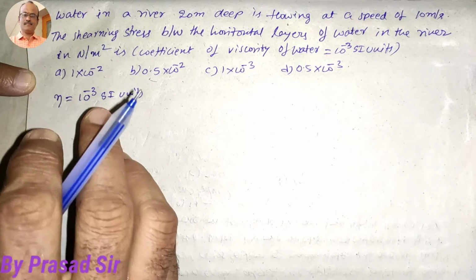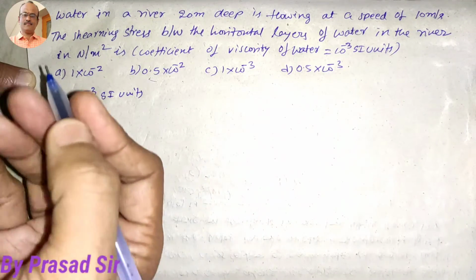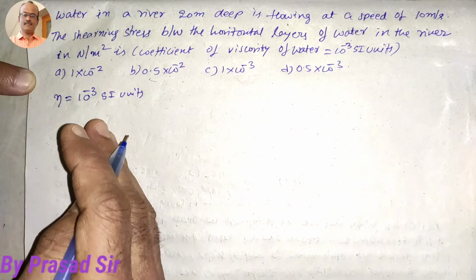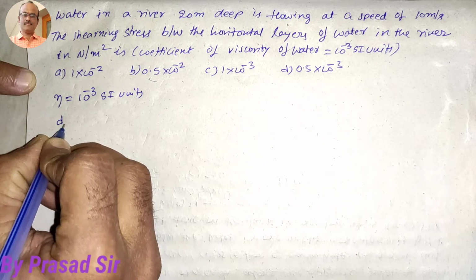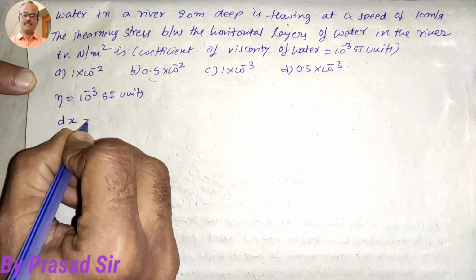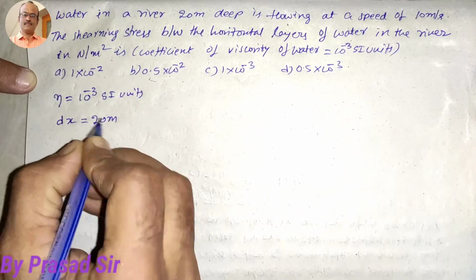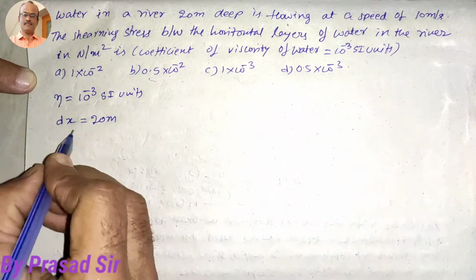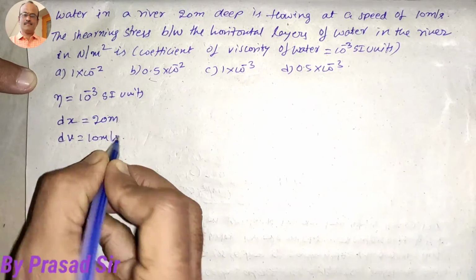Water in a deep river is flowing continuously, so I will take some part of water, dx equal to 20 meters, moving with a speed dv equal to 10 meters per second.